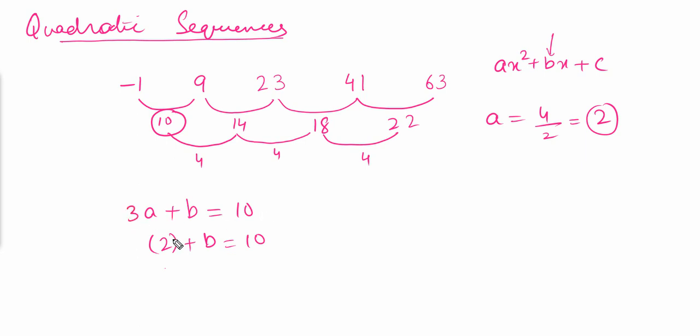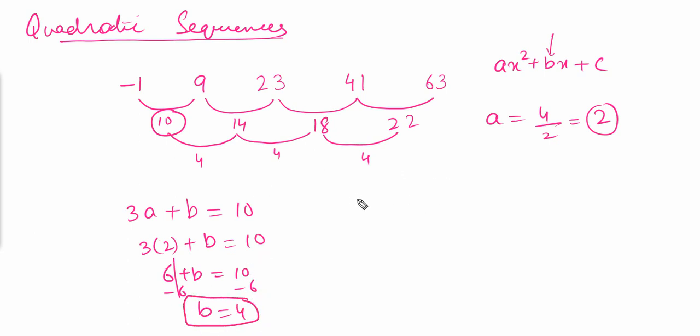So it's 3a plus b equals 10. Since a is 2, 3 times 2 plus b is equal to 10. So it becomes 6 plus b equals 10. I'll subtract 6 on both sides, so I'll get b equals 4. So my b has become equal to 4.